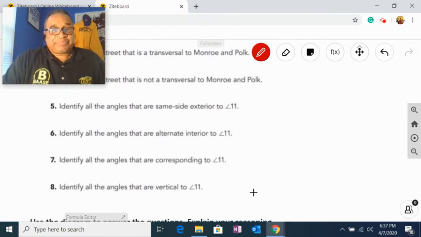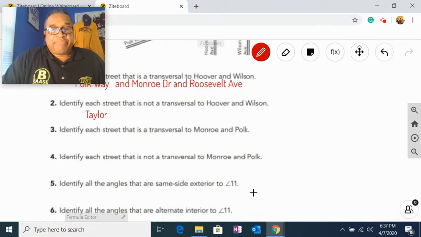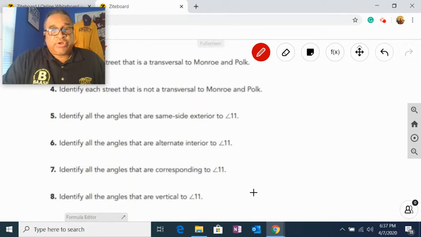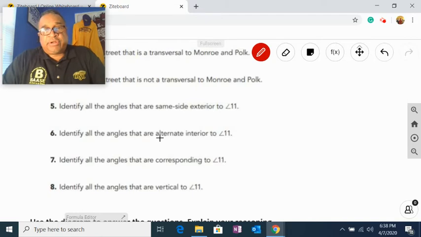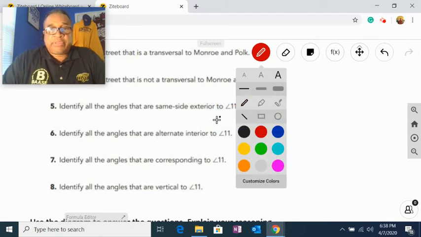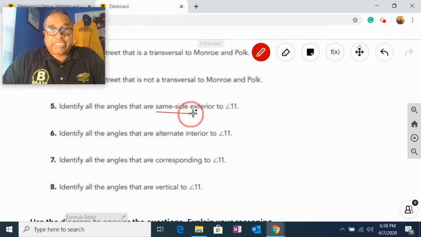Okay, and think about what we learned up front when we talk about same side exterior, when we talk about alternate interior angles. Let me see if we can get our line here. So remember the definition for same side exterior angles, alternate interior angles, corresponding angles, and vertical angles.